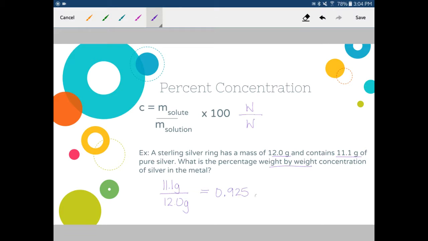Again, we multiply this by 100%, just like calculating your own scores on an exam, and we would say that this equals 92.5% pure silver in this overall ring. We would just call that weight by weight, or weight over weight.